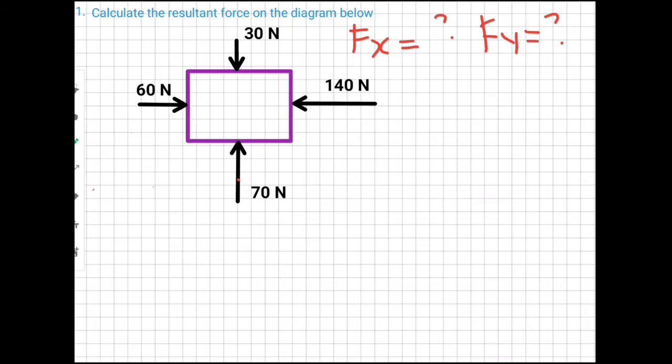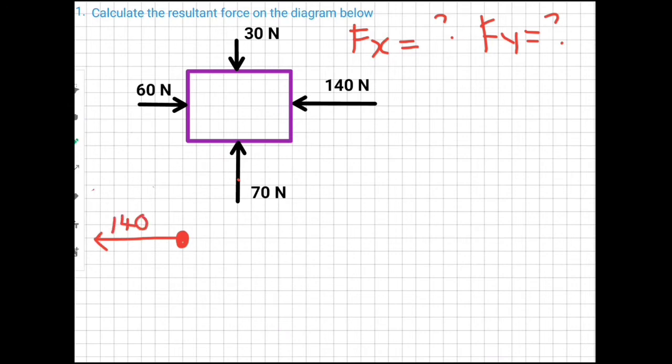So the first thing I'll do is draw a free body diagram. In other words, let's replace the box with a dot, and then draw all the forces as pulling forces. The 140 newtons is a pushing force on the box, but in this diagram I'm going to draw it as a pulling force.